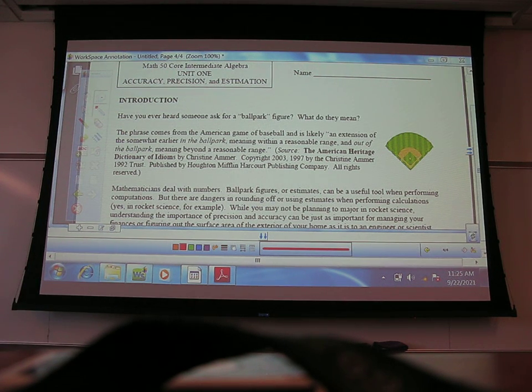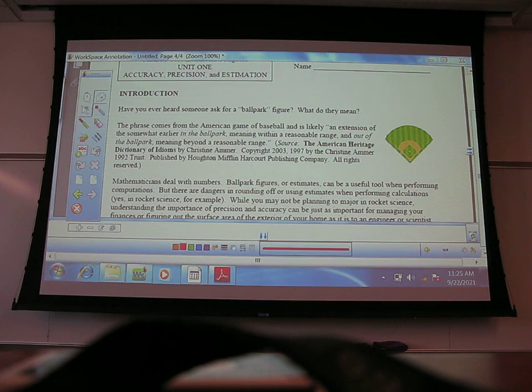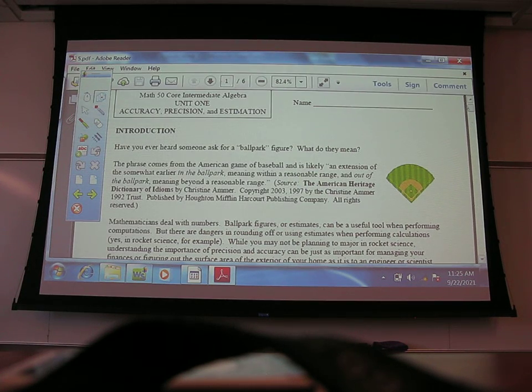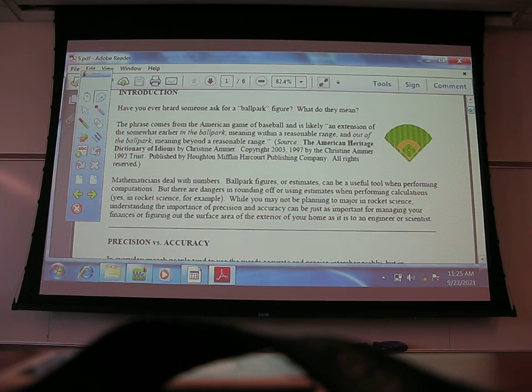Next, where's this box? Can you read the next paragraph? Mathematicians deal with numbers. Ballpark figures or estimates can be a useful tool when performing computations. Mm-hmm. There are dangers in rounding off or using estimates when performing calculations.